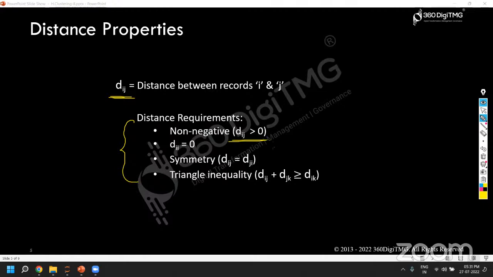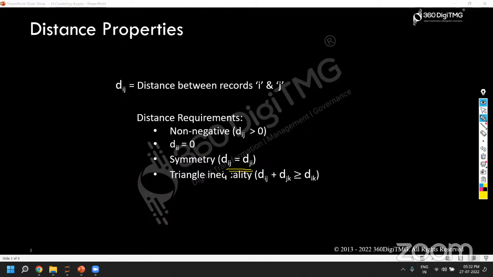A distance is a physical entity, and it will always be positive. It has to be greater than 0. It cannot be negative. And the distance from itself, if I have a point called I, the distance from itself is equal to 0. There is no physical movement. So it becomes 0.